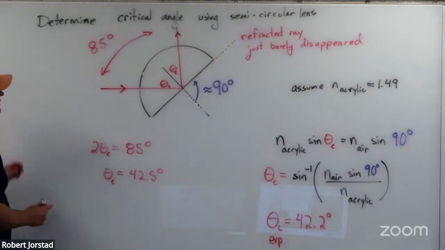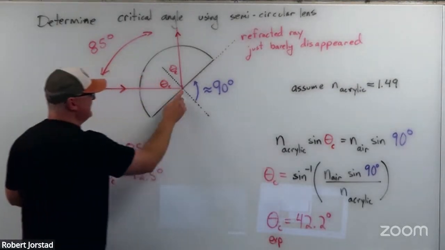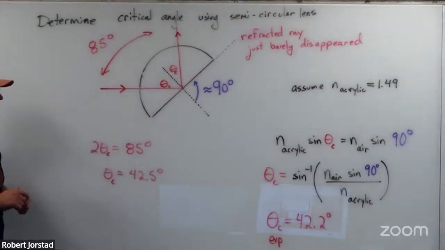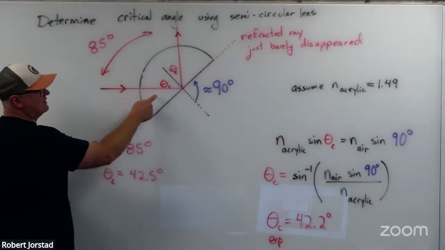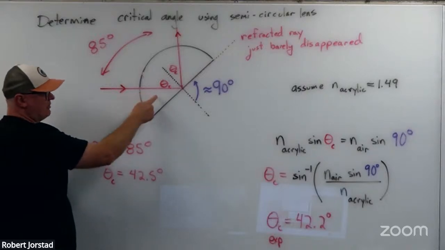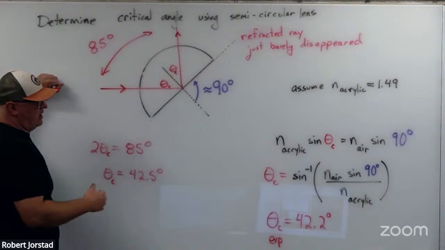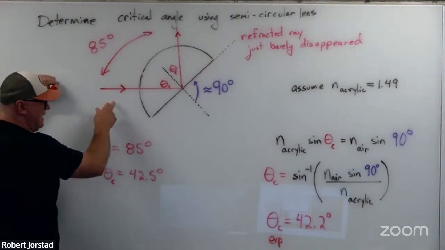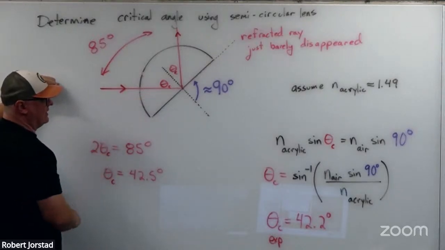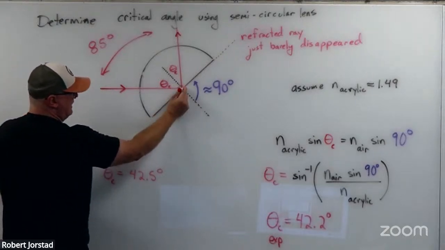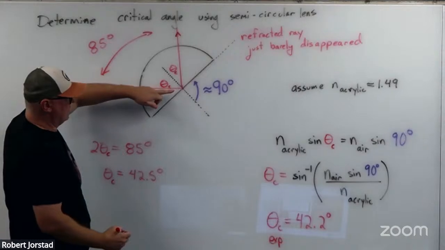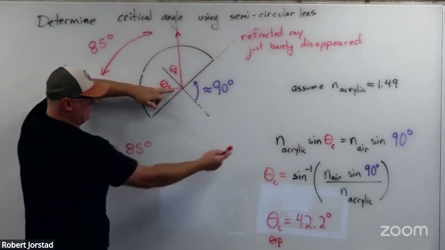So now, I've also done the math over here for this interface. And this is where a lot of students get confused. We're used to sometimes talking about air into glass or air into acrylic, and so we're used to calling n1 air and n2 acrylic. But at this point right here, notice the first index is actually acrylic.